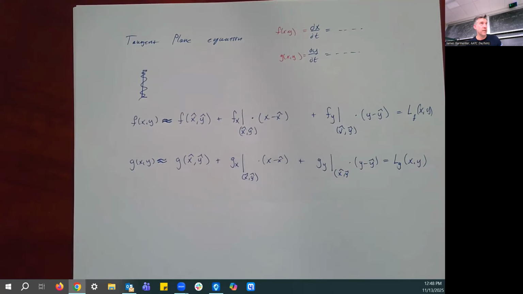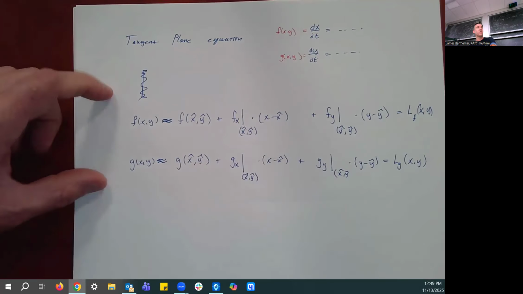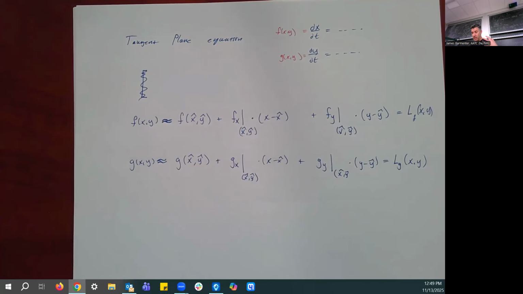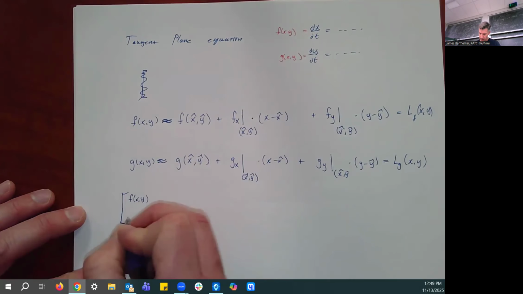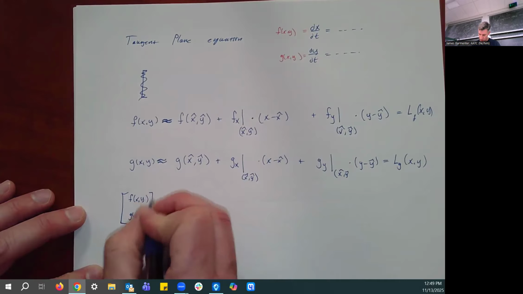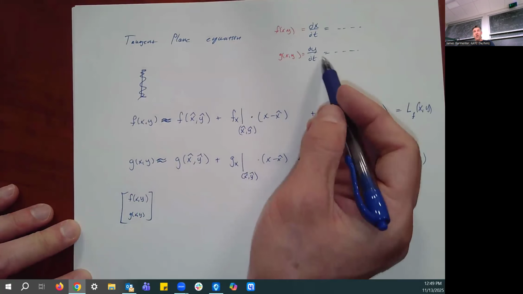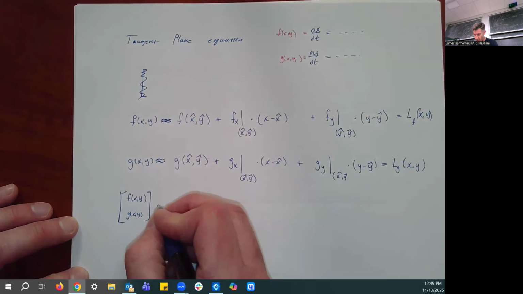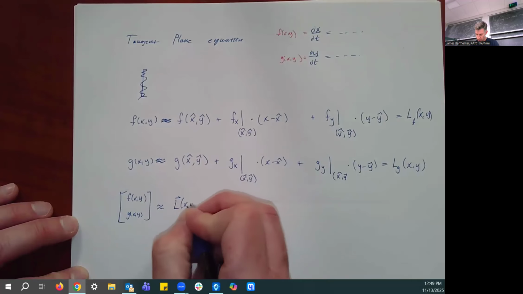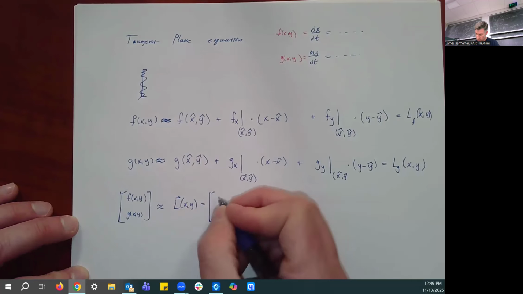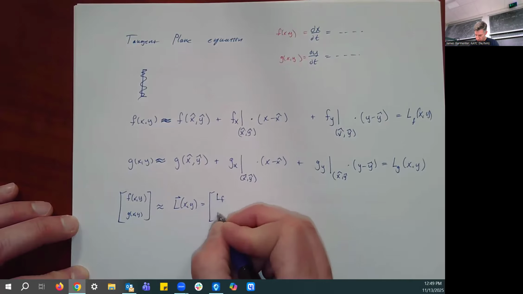But really, what we like to do is write it as one big matrix equation that has both of these equations at once. So what you're really saying is that f of xy and g of xy, which are just what these derivatives are, are being approximated by the linearization as a vector, which is the f linearization and the g linearization.